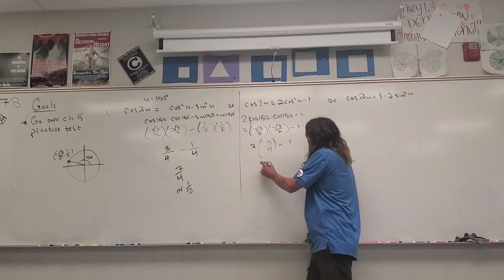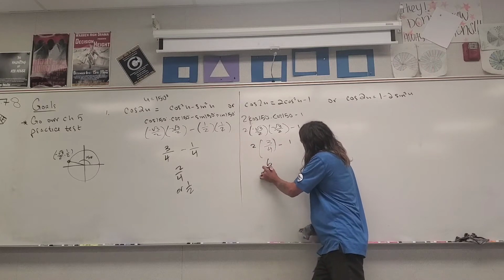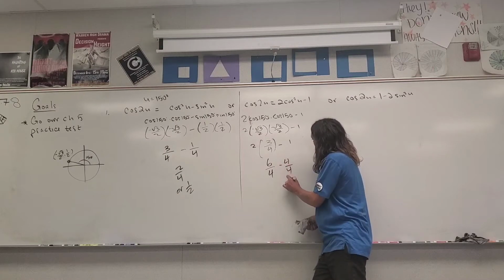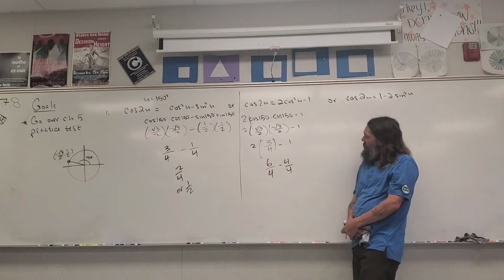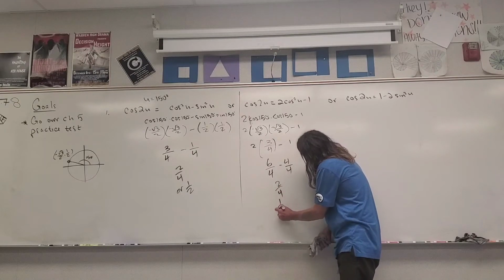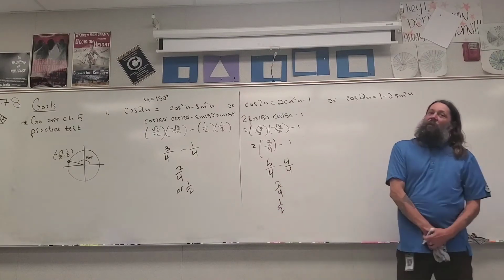That becomes 6 over 4 minus 4 over 4, which is 2 over 4, and that reduces to 1/2. All right, 2 for 2.